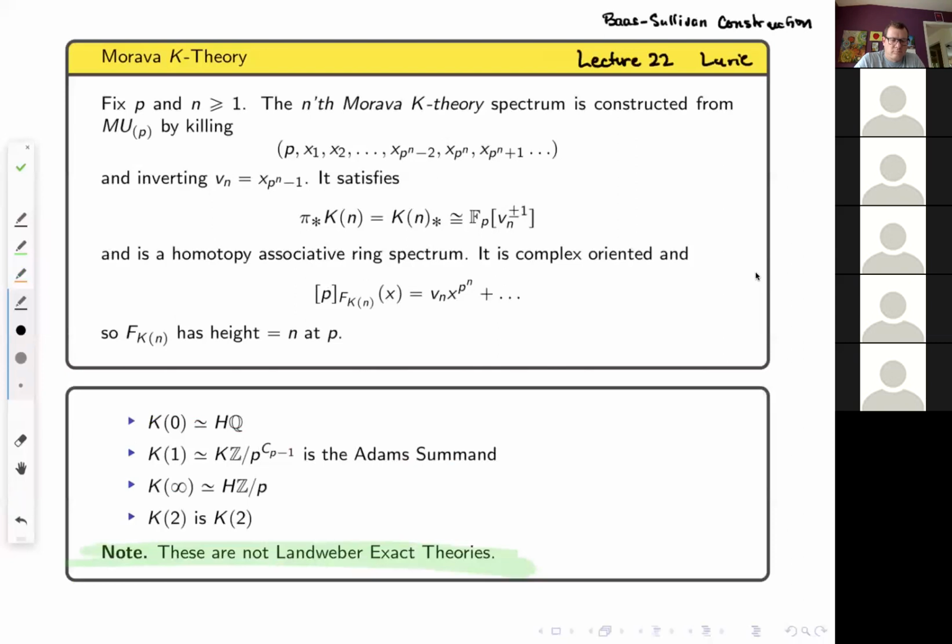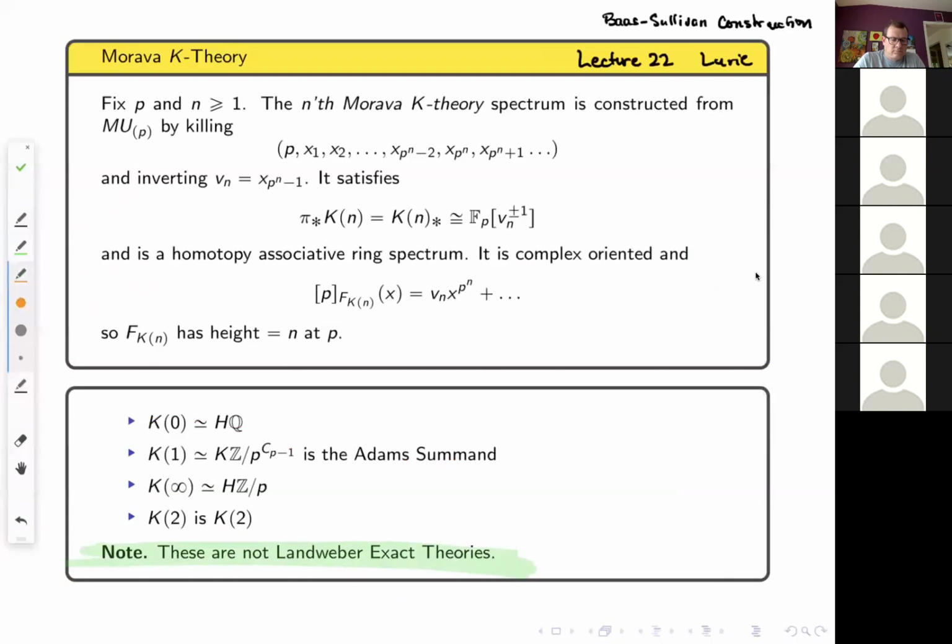In the modern world, we have good symmetric monoidal models of spectra. So we have good categories of spectra where you can talk about module spectra and do everything rigidly. In these categories, you can mod out by elements and invert things very well, okay? And so the more modern way to construct the Morava K-theories is to do it in one of these categories.